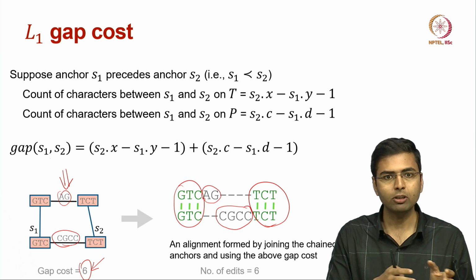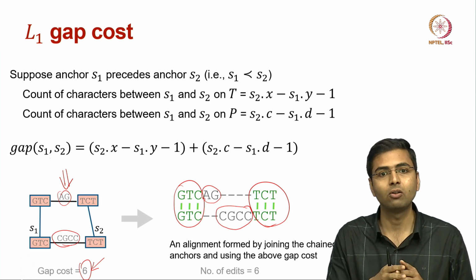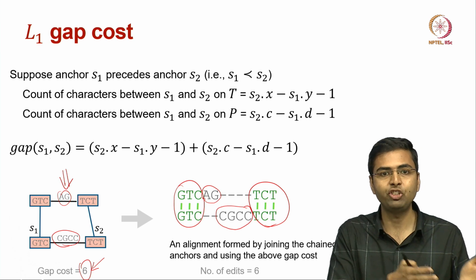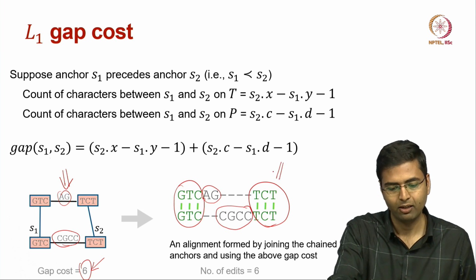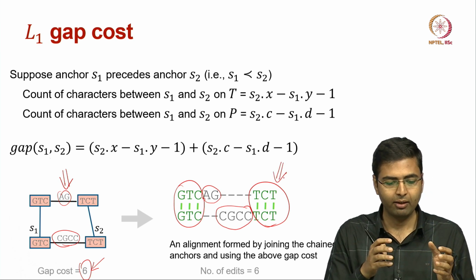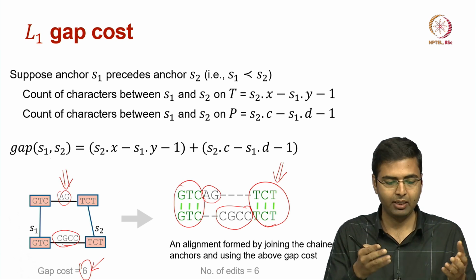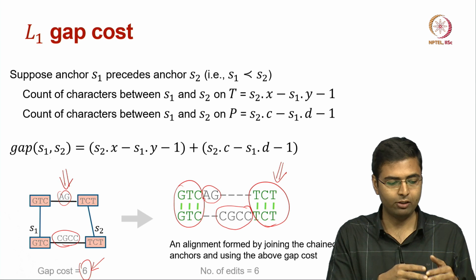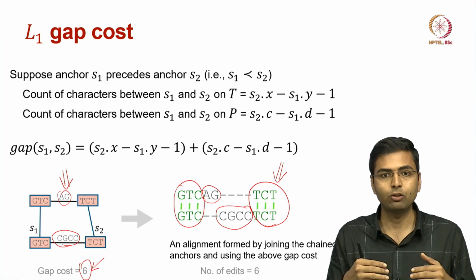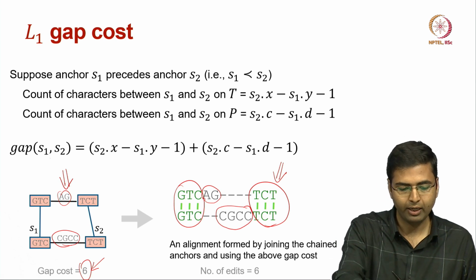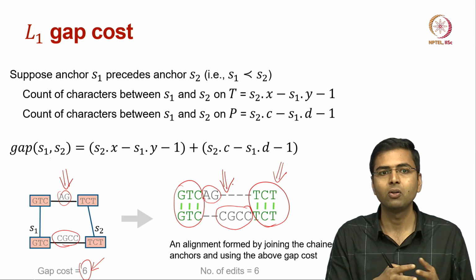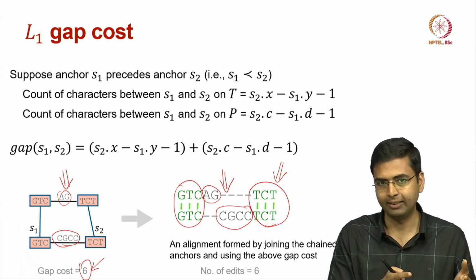So, here the gap cost 6 corresponds to doing 6 edits. The alignment interpretation of this chain would be that you are introducing dash characters against characters of sequence 1 as well as characters of sequence 2. So, in total you are doing 6 edits corresponding to gap cost of 6.